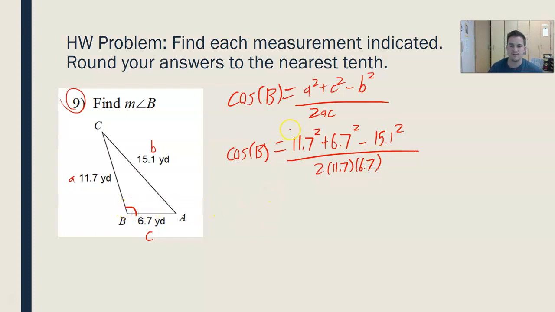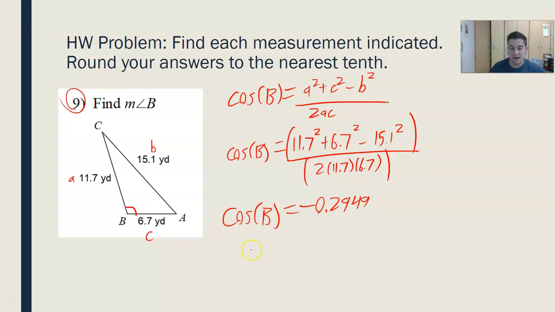Finding angle B here. So typing that into your calculator, make sure you have parentheses around both the top and the bottom. So parentheses, 11.7 squared plus 6.7 squared minus 15.1 squared, divided by parentheses 2, parentheses 11.7, parentheses 6.7. Close all those parentheses, and I get cosine of B is equal to negative 0.2949.